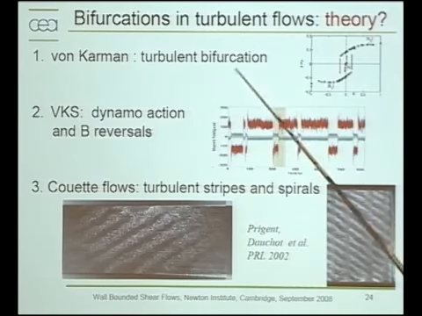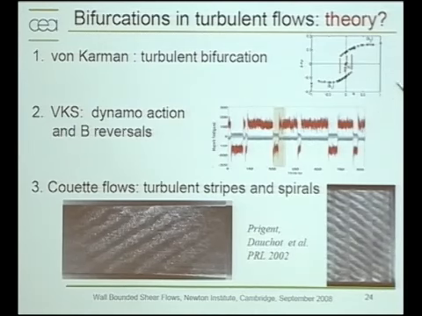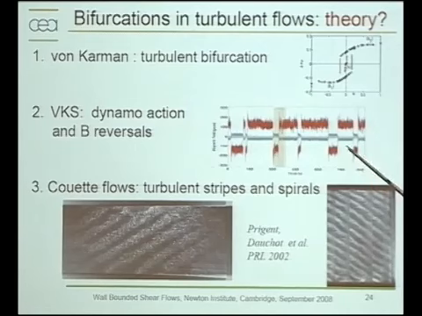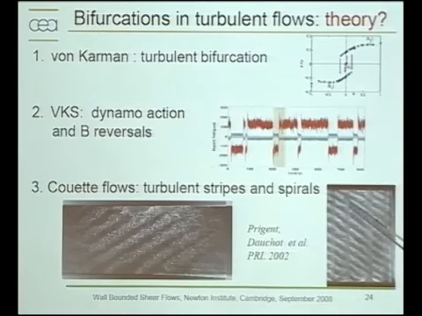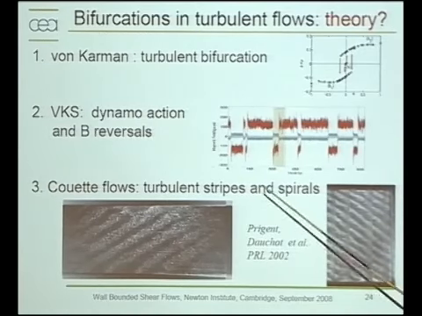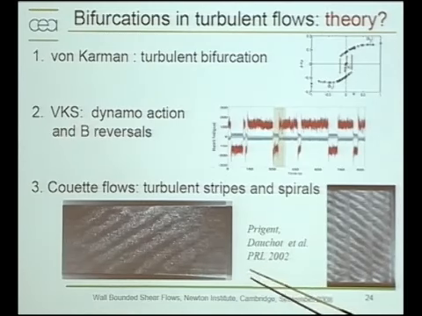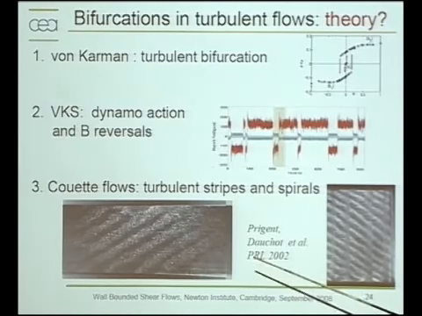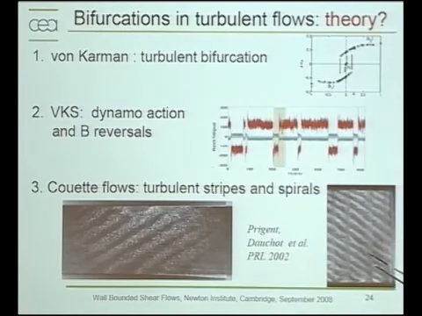So to conclude, I wanted to ask the theoreticians who are here: why do we see bifurcations in turbulent flows? You have the turbulent bifurcation I presented on the von Karman water flow. You can also see these magnetic field reversals in the von Karman sodium flows.